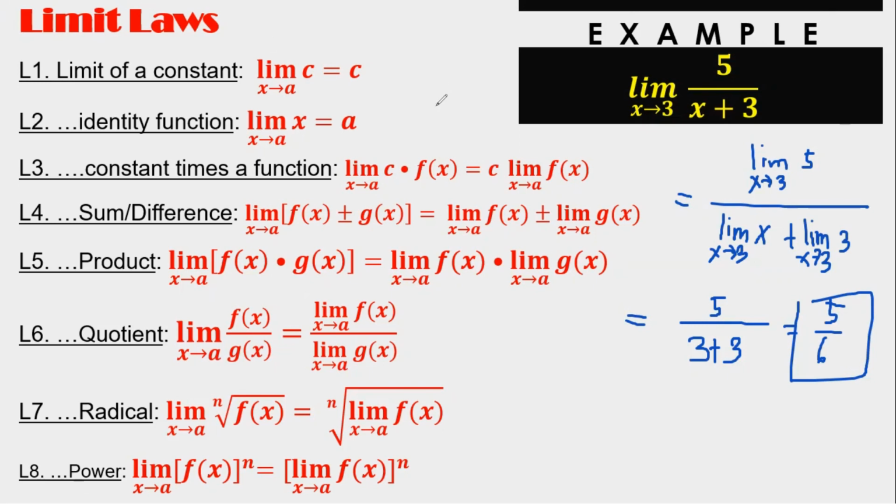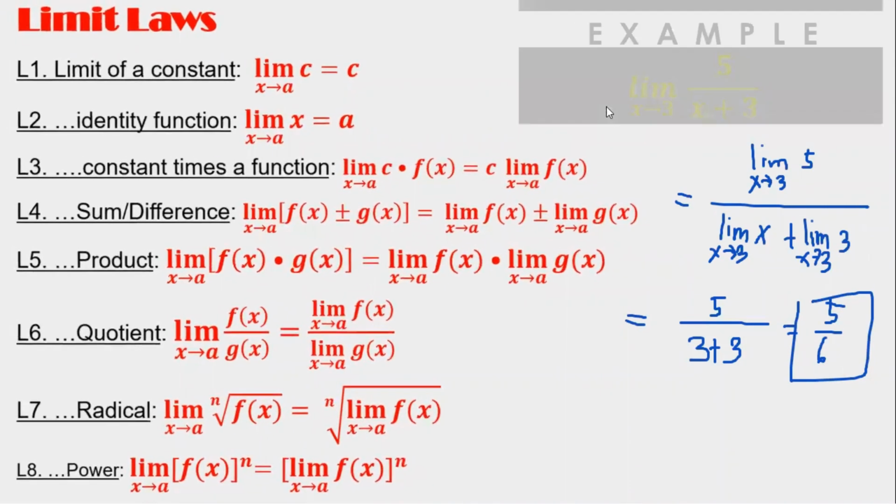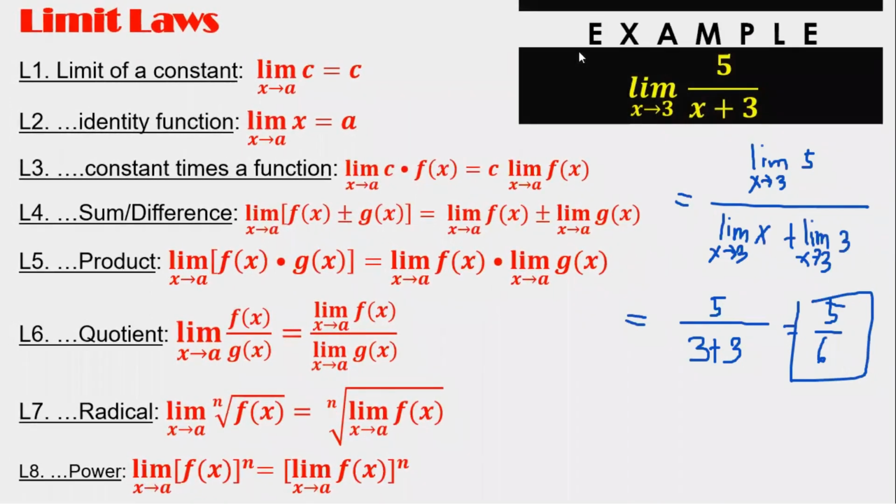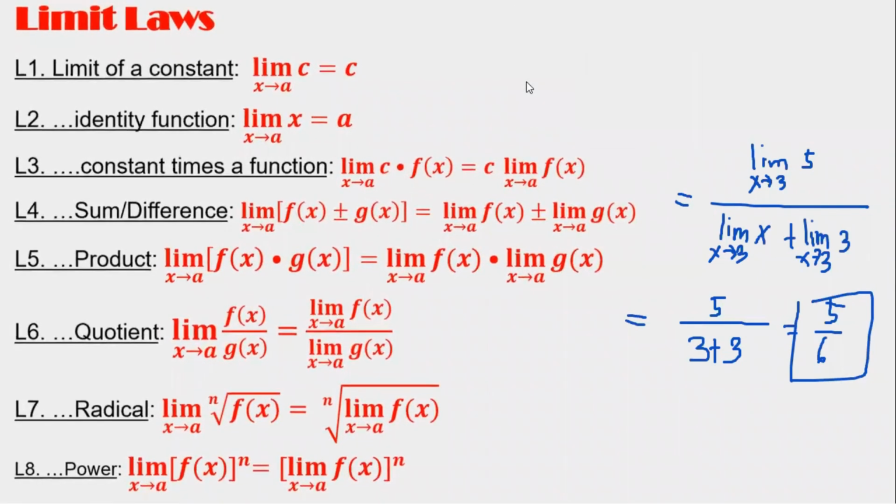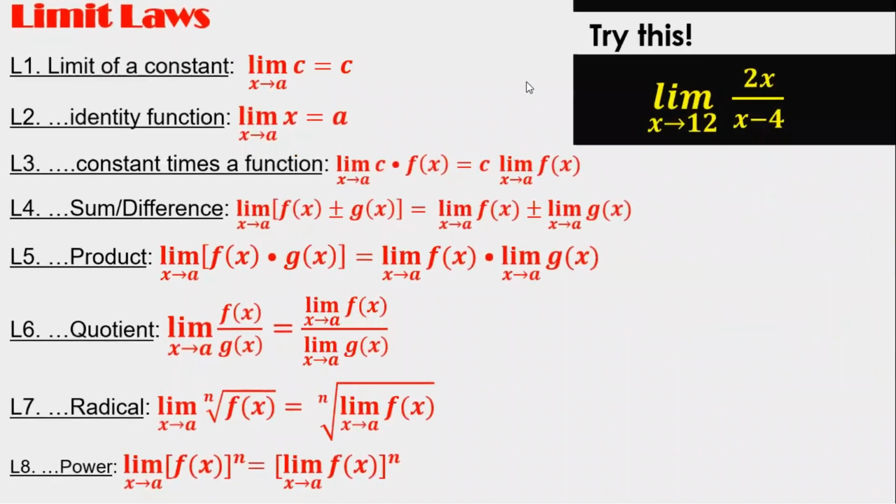Okay, next example. For the next example, we have here limit of 2x over x minus 4. So, earlier, we just used, again, this is very easy.